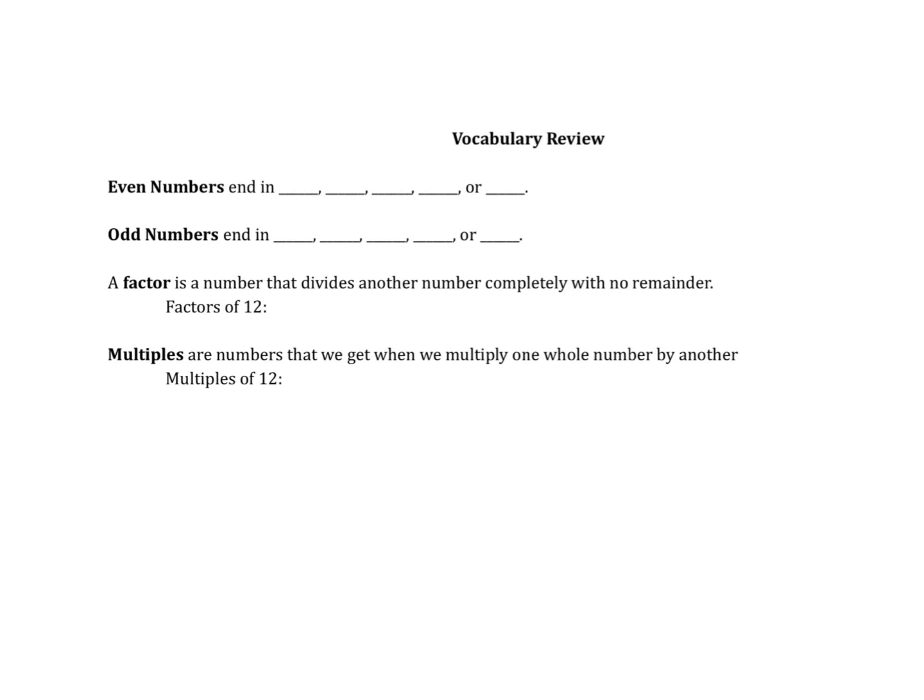Here's some quick vocab review. Even numbers are the numbers that end in 2, 4, 6, 8, or 0. Odd numbers end in 1, 3, 5, 7, or 9. A factor is a number that divides another number completely with no remainder.